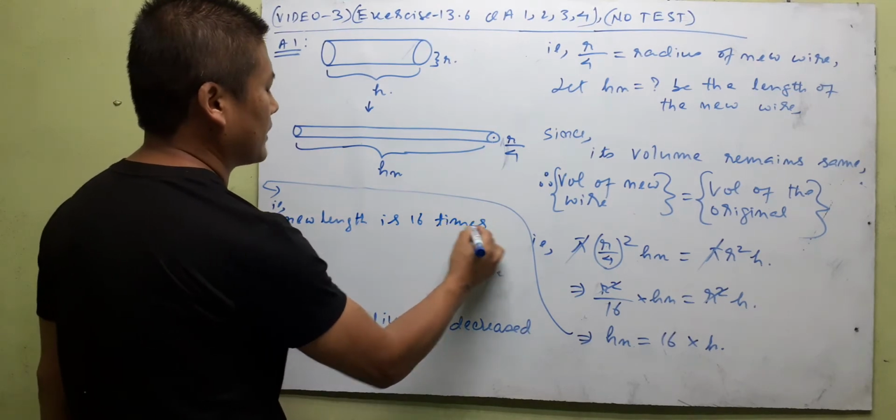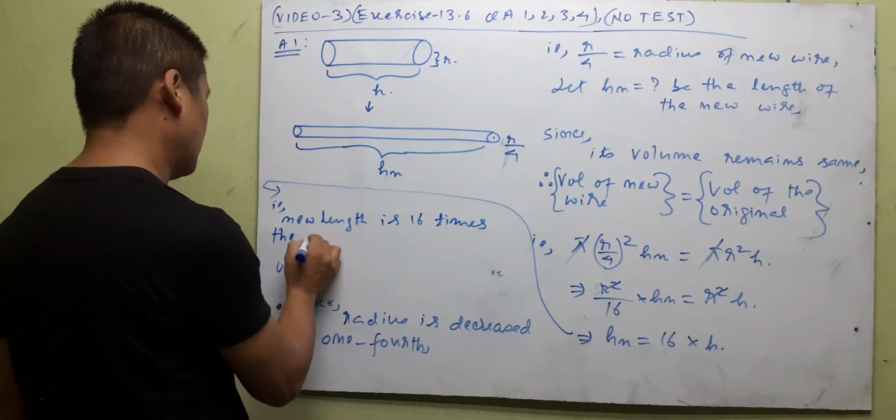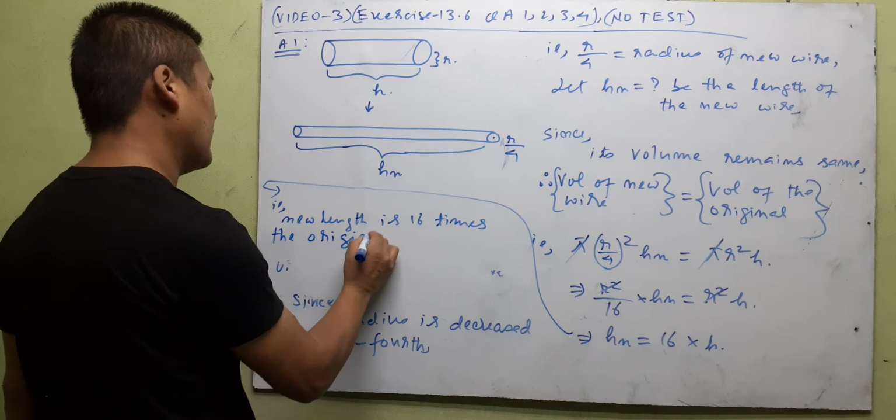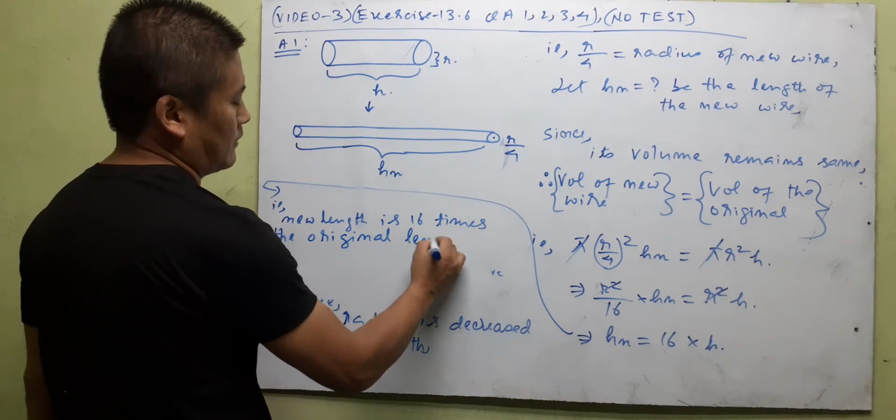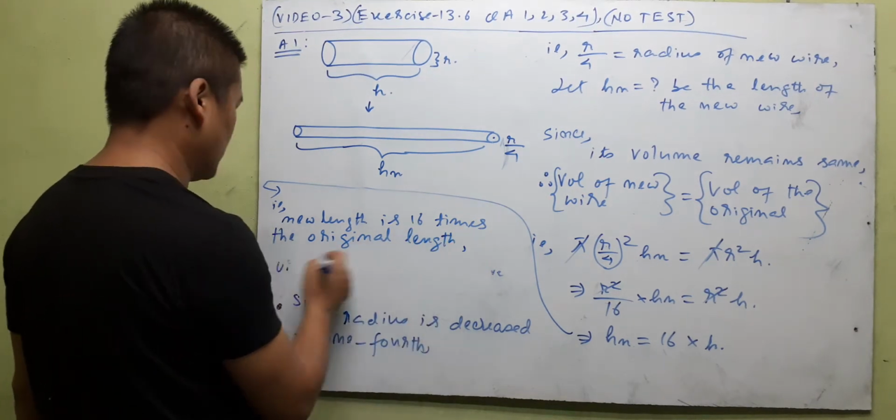That means 16 times the original length. That's what it means. The new wire would have become 16 times longer.